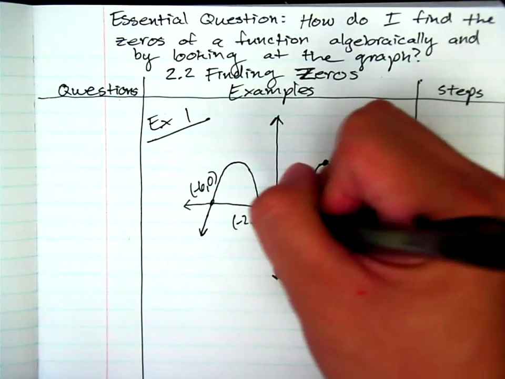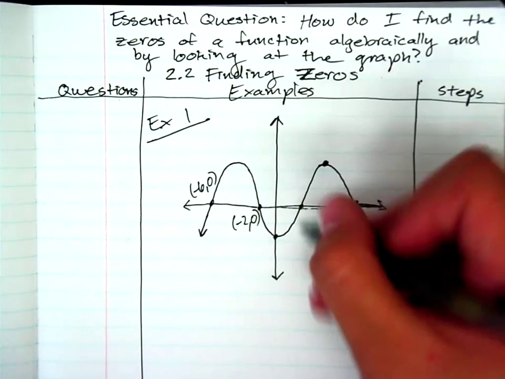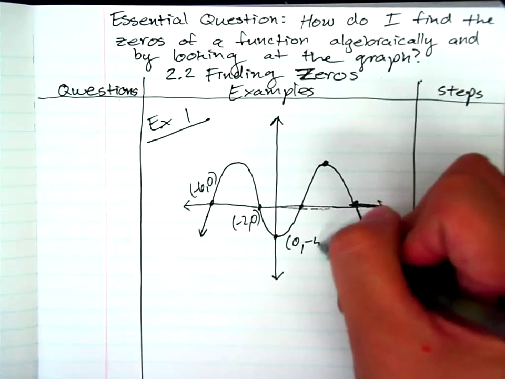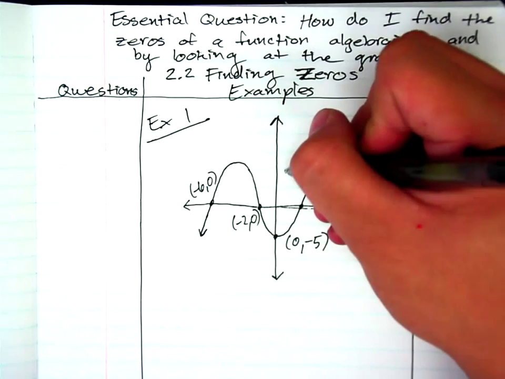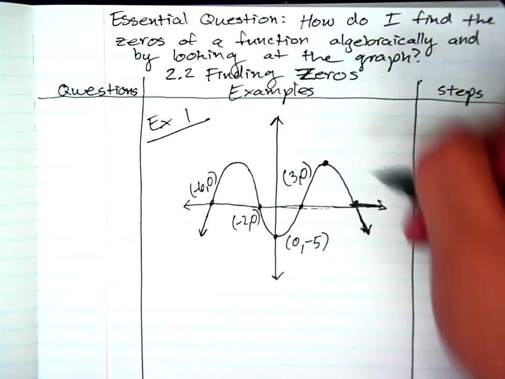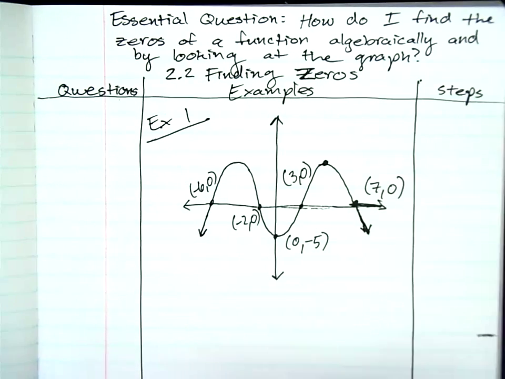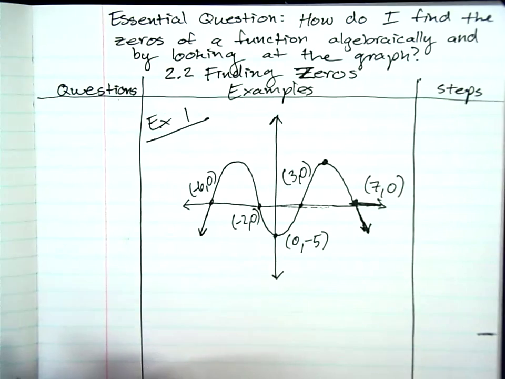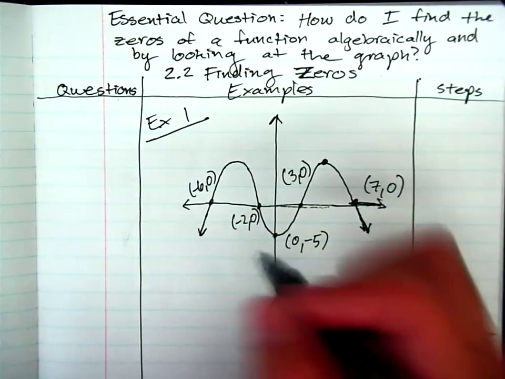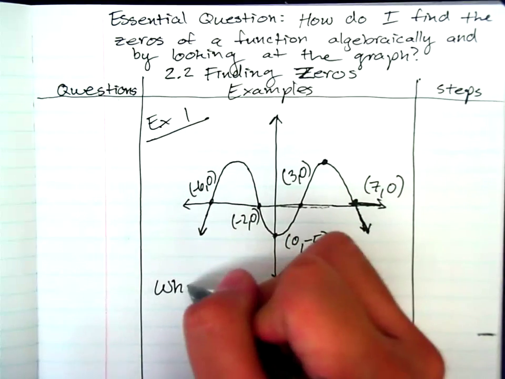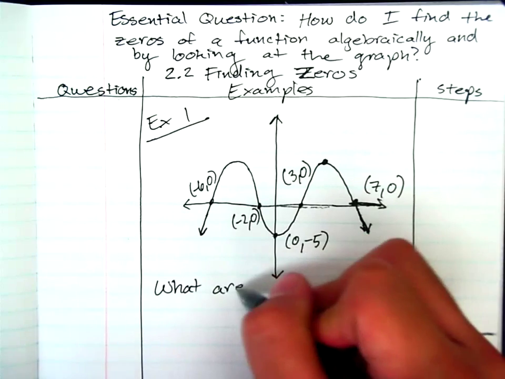Over here I have negative 2, 0. Here I have 0, negative 5. Over here I have 3, 0. And finally I have 7, 0. Okay, so just looking at this function, our question is, what are the x and y intercepts?